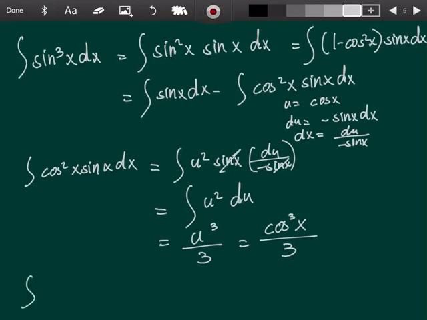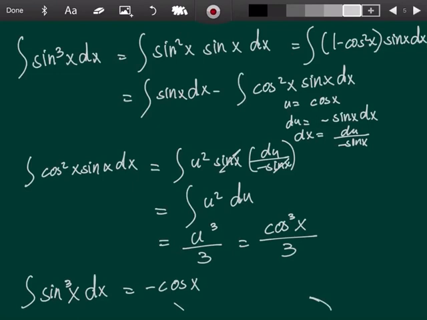So, back to our main problem. The integral of sine cubed x dx is equal to the integral of sine x dx minus the integral of cosine squared x sine x dx. What is the integral of sine x dx? That is negative cosine x.